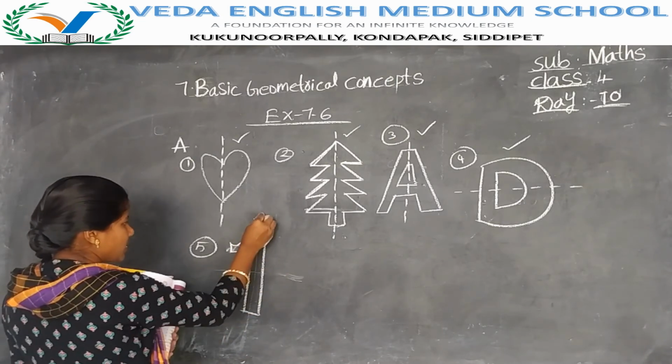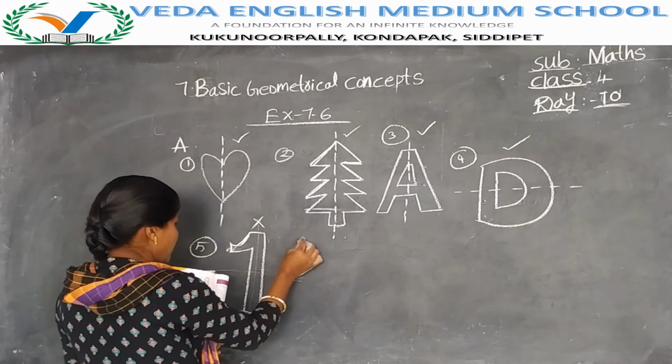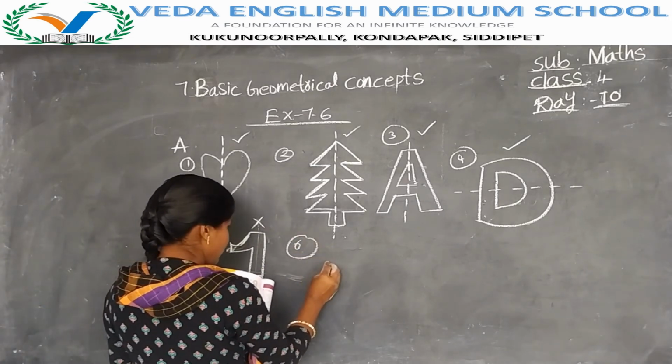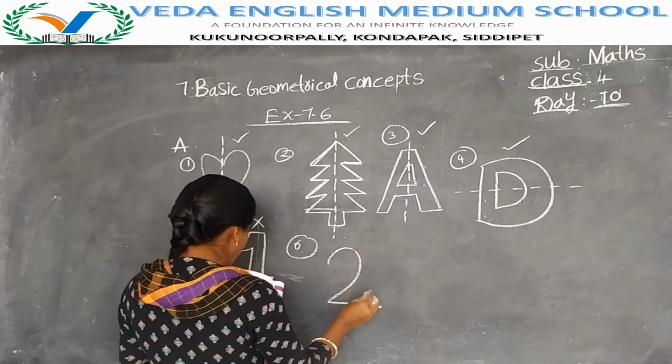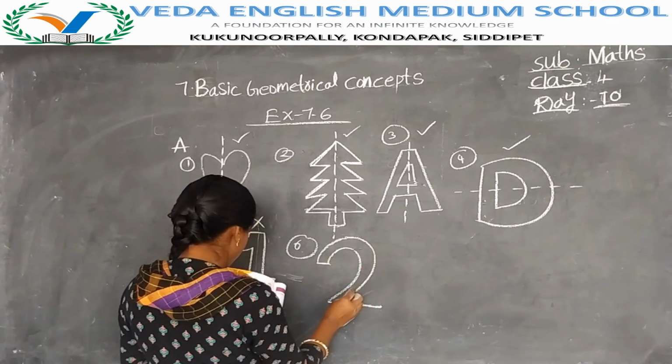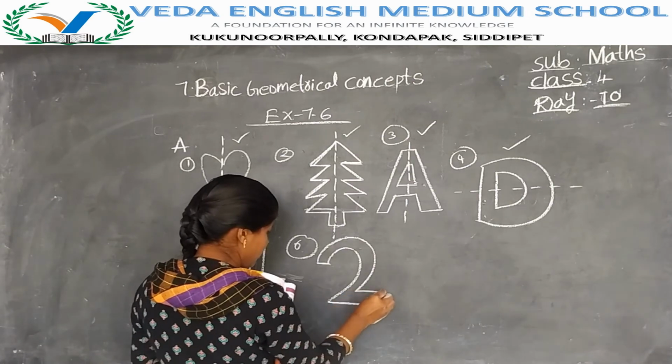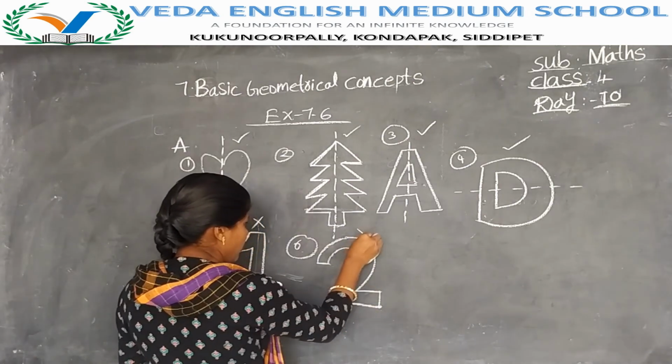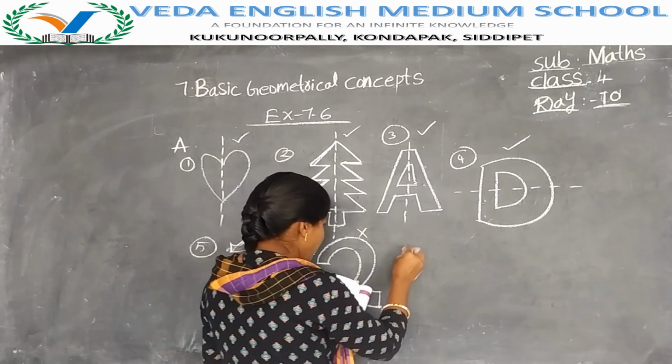So it has no symmetrical line. As for 6-1 also, there is no symmetrical line. Here like this they have given. No, we cannot draw 6-1 also. 7th one, 3.